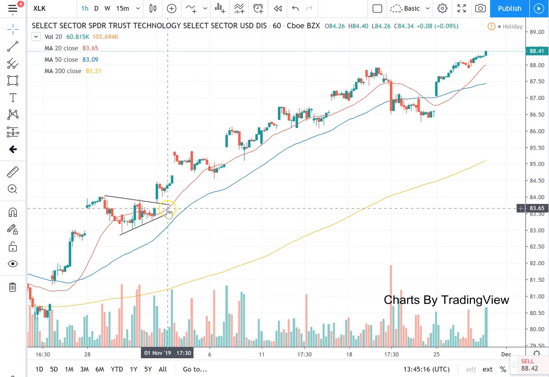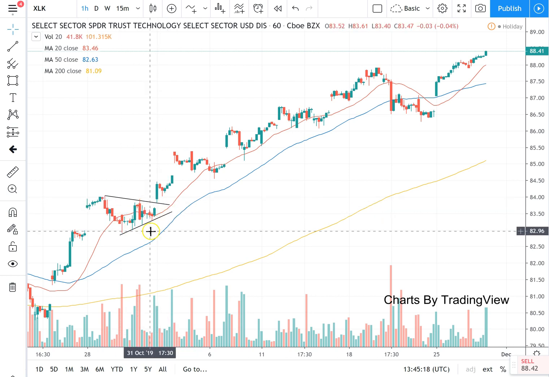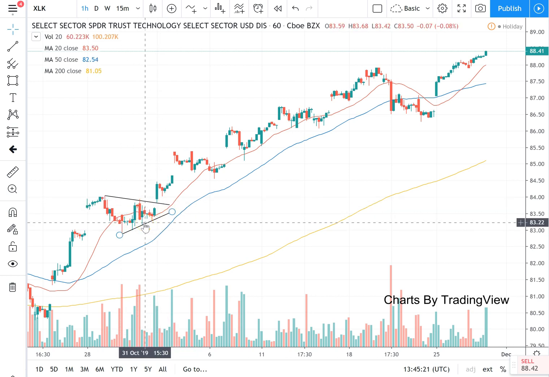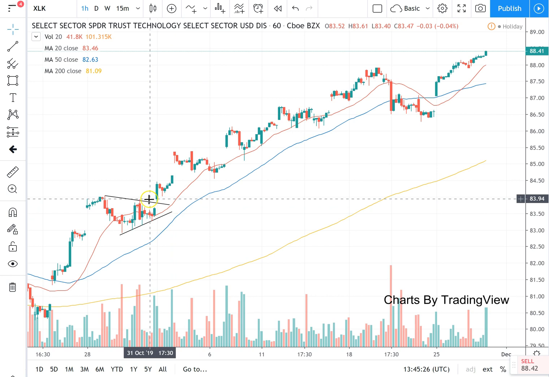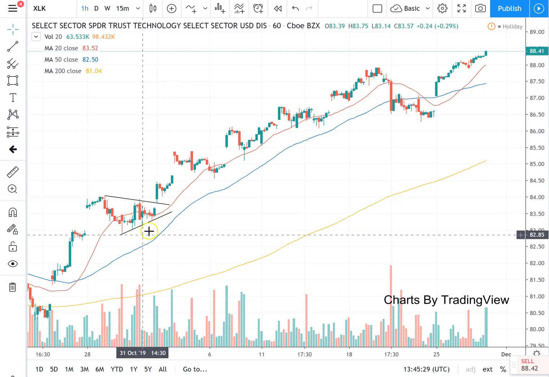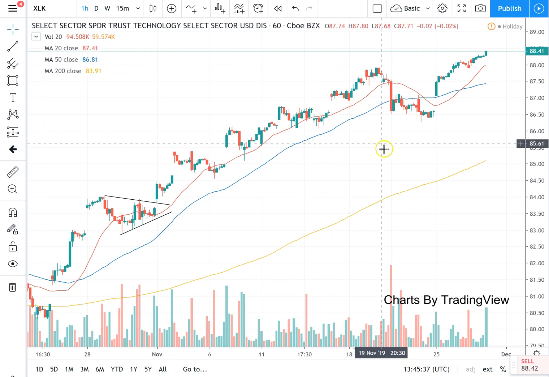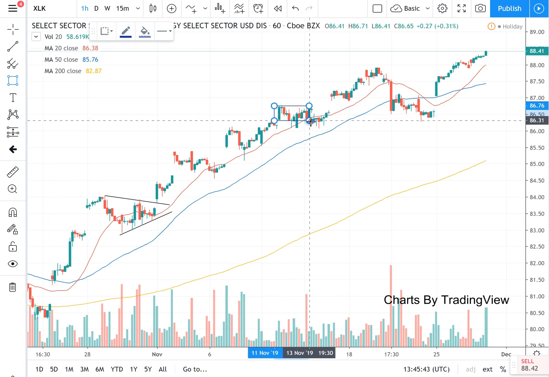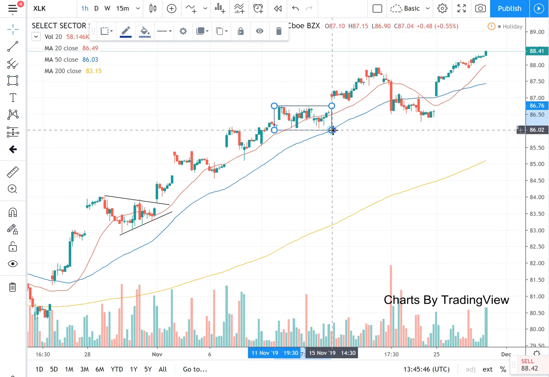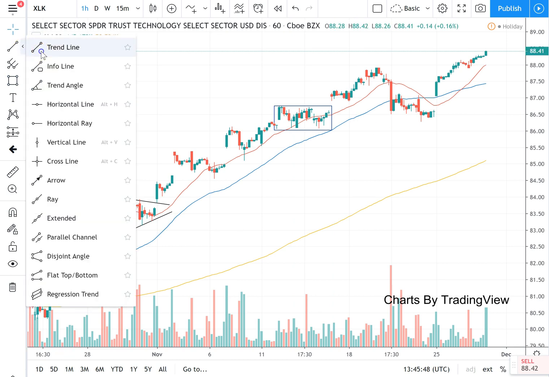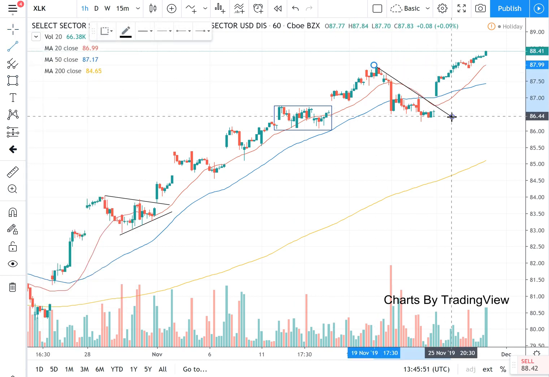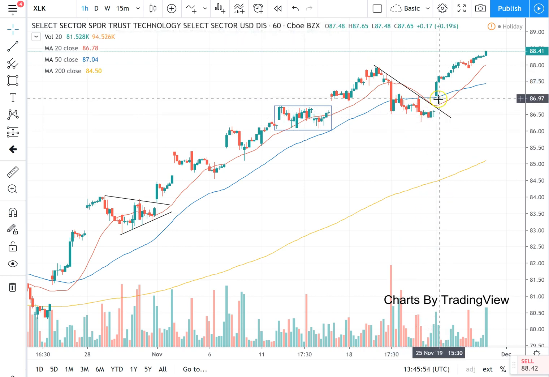For example, here, I think I made an analysis on it some time ago on my website, on XLK. I can't remember, but I think I did. It's a triangle here, a 60-minute triangle. You can see it broke above the pattern and then it shot up all the way. And just like the Qs, you can actually draw this congestion or consolidation support, and the XLK got above this downtrend line.